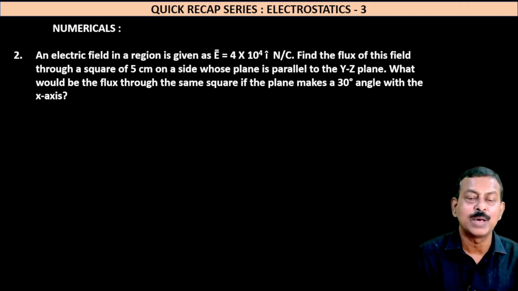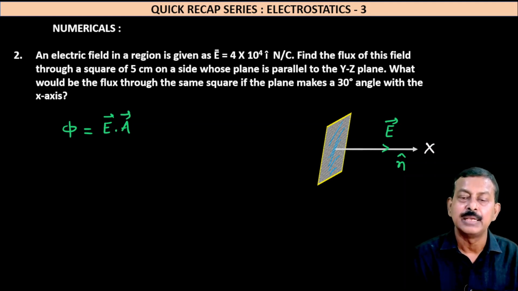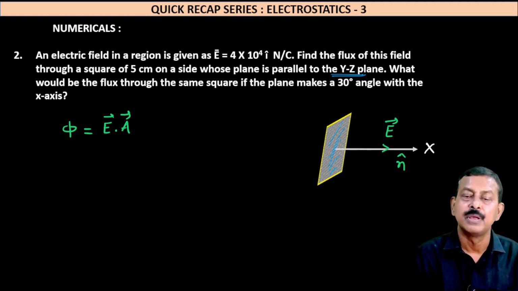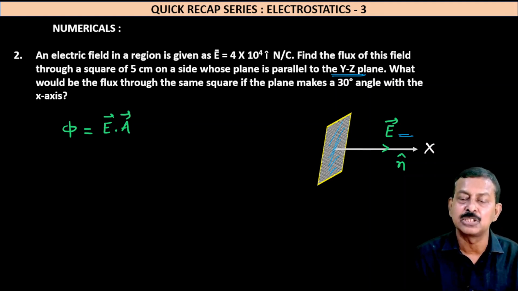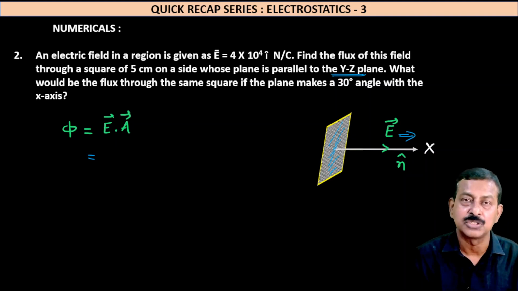Now for this one, if I consider that this is the square plate, it is lying in the YZ plane. So if it is lying in the YZ plane, it means vector area will be lying in the x-axis. So this will be the direction of the electric field here. So flux will be equals to E into A cos 0 degree.